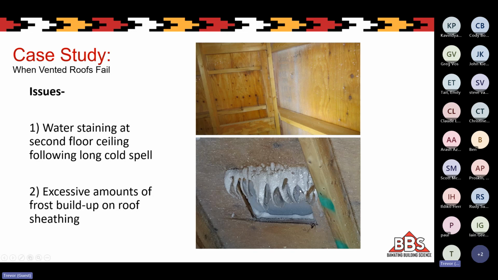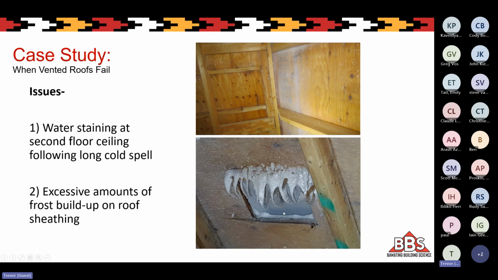This is one of those vents that's near the lower section of the sloped part of the roof. What I can tell from this crazy frost formation is that air isn't entering through there like it should be. It's actually exiting through there. So something else is pressurizing the attic enough to overcome the stack effect that is there and pushing air out through these really small vents.